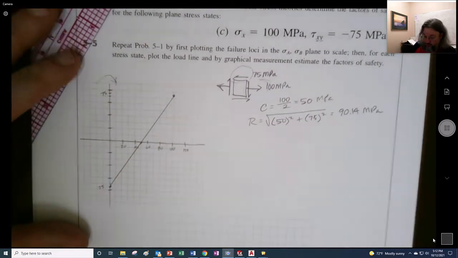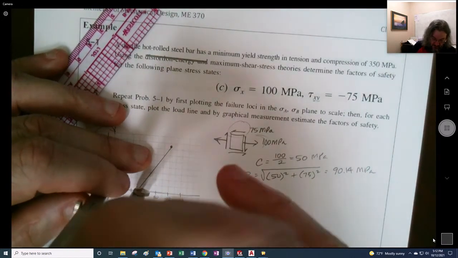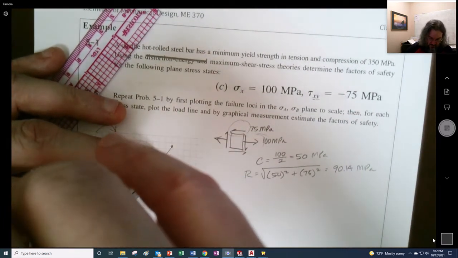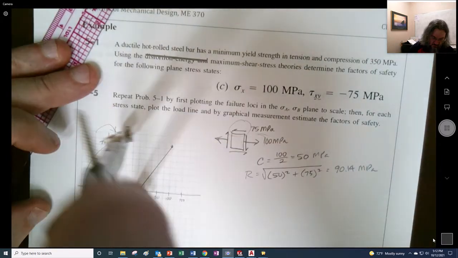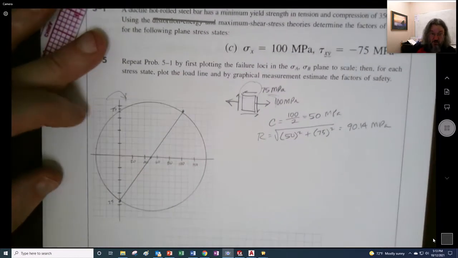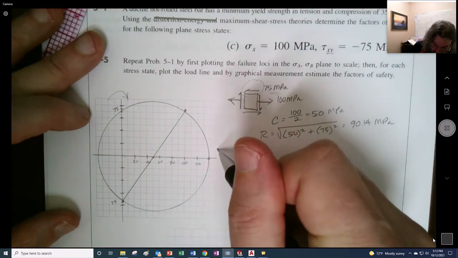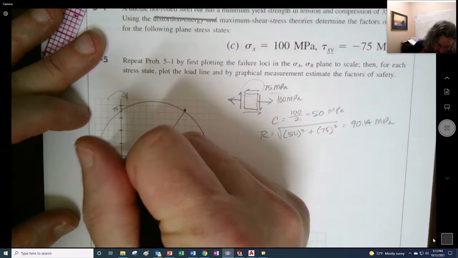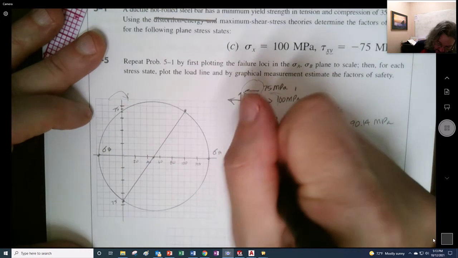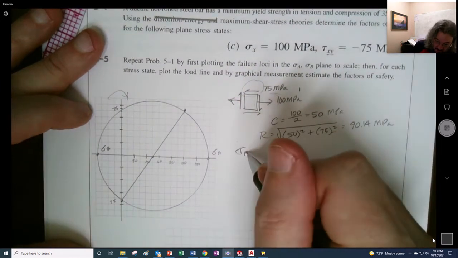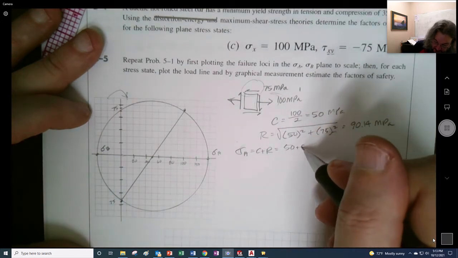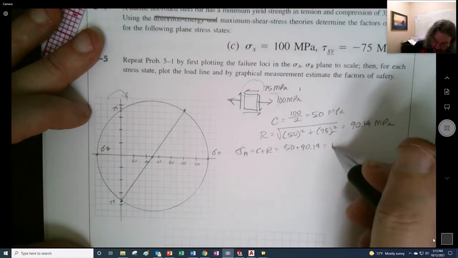If we do very careful circles right here, here is going to be our sigma A, and here is our sigma B. So sigma A is equal to C plus R, or 50 plus 90.14, 140.14.